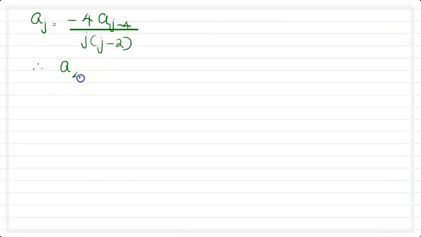Therefore, a4 will be equal to, that is when we put j equal to 4 in the recurrence relation, we get minus 4 a naught divided by 4 into 4 minus 2, and this can be expressed as minus a naught divided by 2 or 2 factorial.